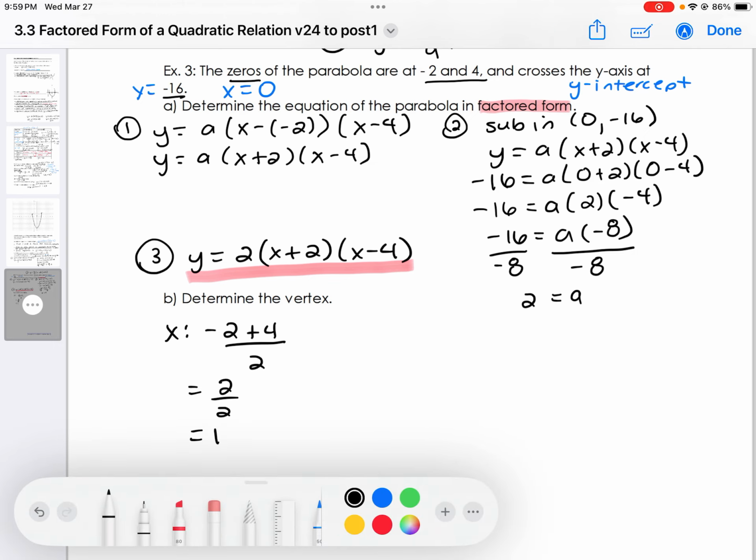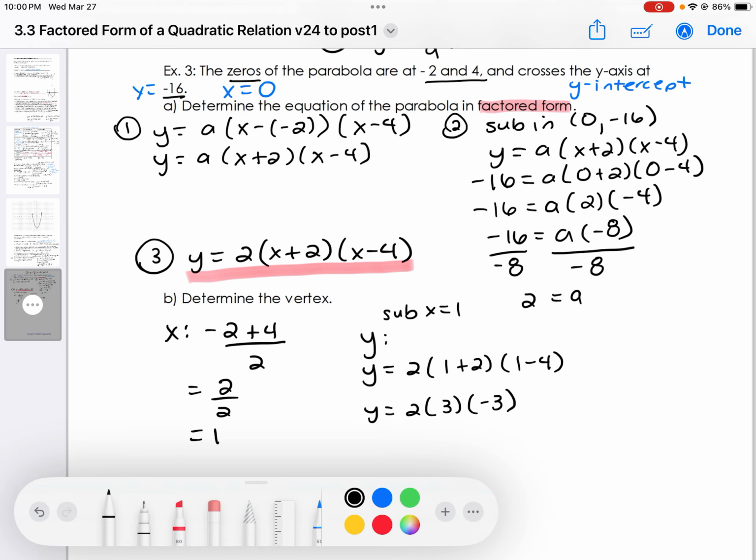Then if we do the y value, into our equation, okay, so we have 1 plus 1, which is 3, 1 minus 4, which is -3, 2 times 3 is 6, times -3 is -18.